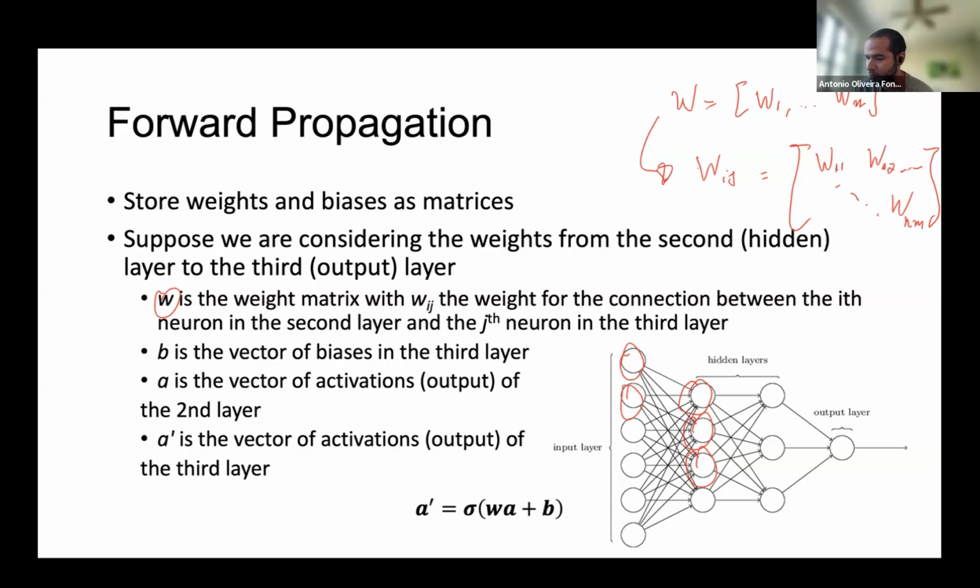So this could be any neuron in the layer L, for example. Let's say that this is the layer L, and this is the layer L plus 1. This nomenclature that you have here on the top right can be applied to any neuron in any of these hidden layers as well.